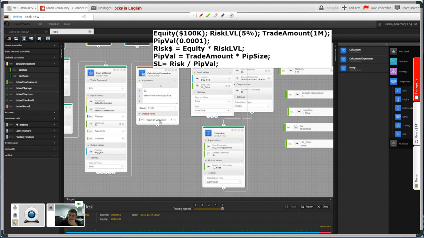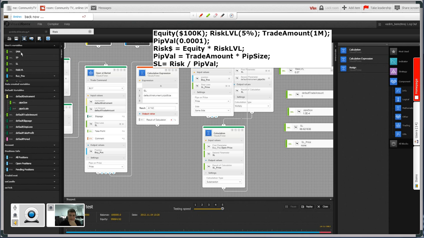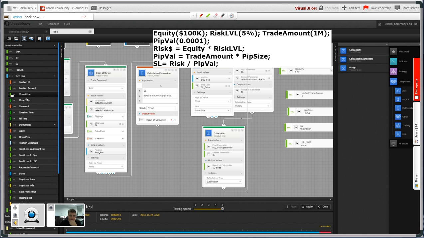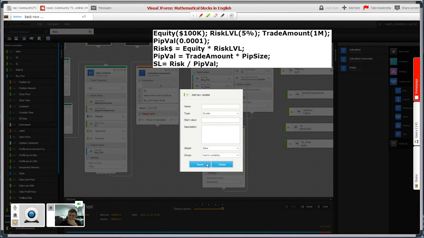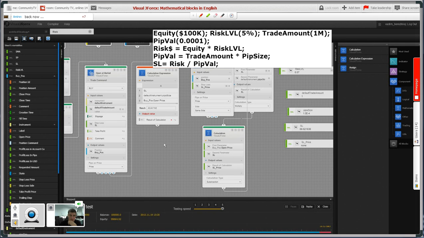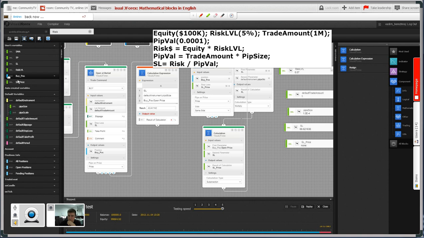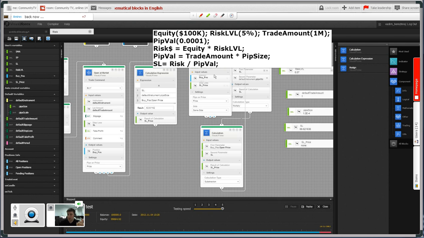And then we need our buy position open price. And we subtract A3 minus. That will give us the stop loss level, stop loss price. And only then we set stop loss.